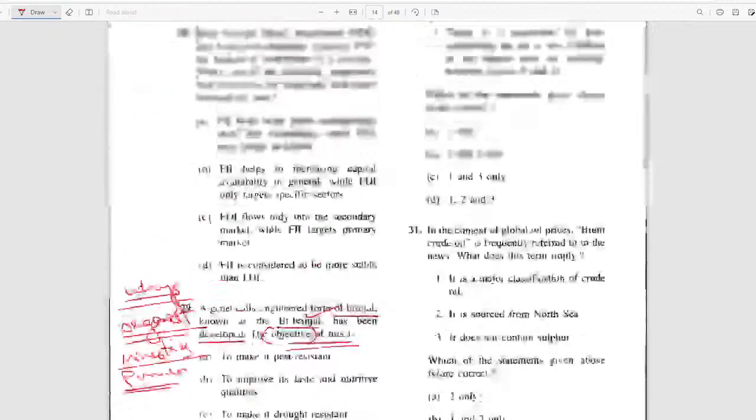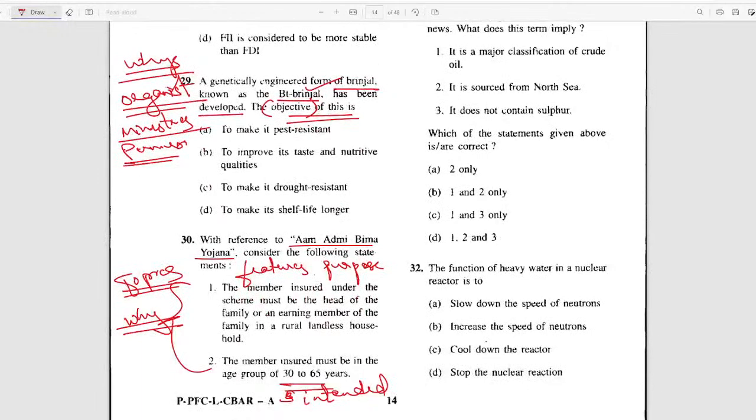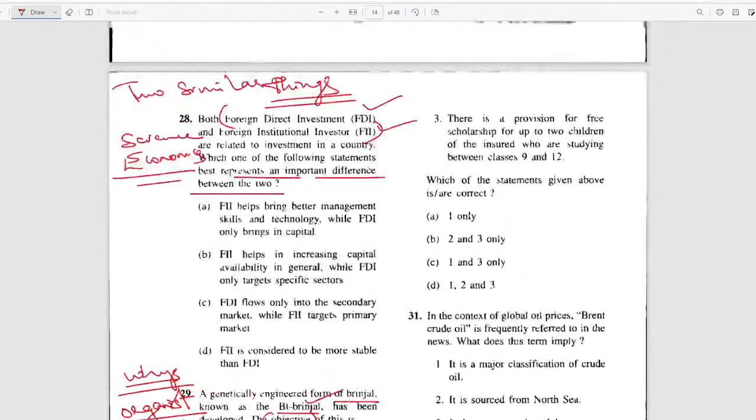See, in this there are 3 parts. The first part is the member insured under the scheme must be the head of the family or the earning member of the family in a rural landless household. The member insured must be in the age group of 30 to 65. There is a provision for free scholarship for up to 2 children of the insured who are studying between 9 to 12.